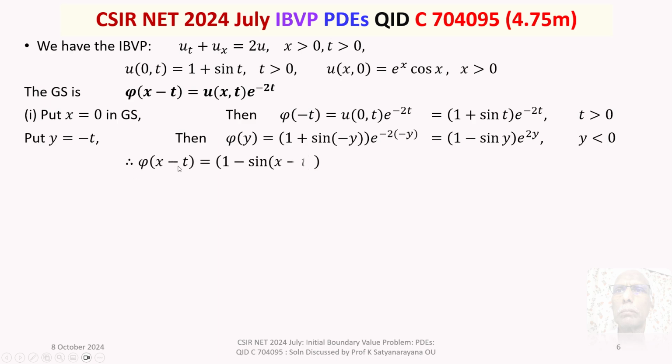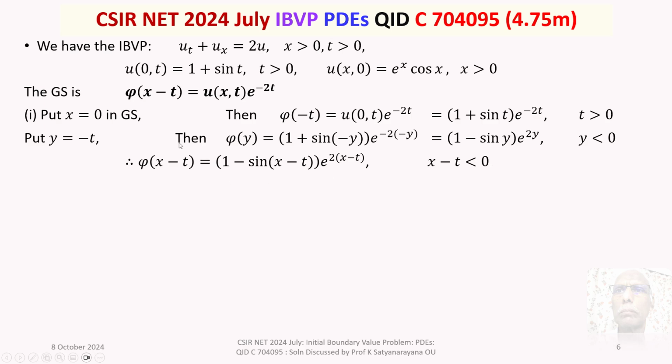Phi of x minus t is equal to 1 minus sine of x minus t in whole, into e to the power of 2 into x minus t. Now y less than 0 in the above, but now in the place of y we are writing x minus t. Therefore y less than 0 will imply x minus t less than 0. This is very important. Right.